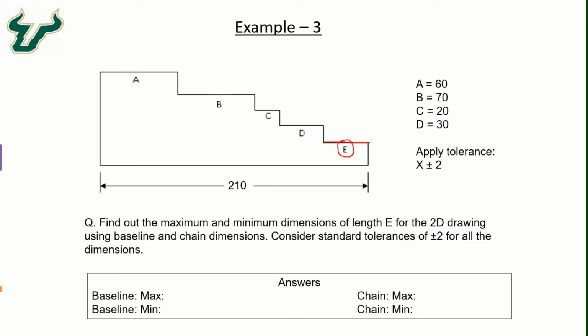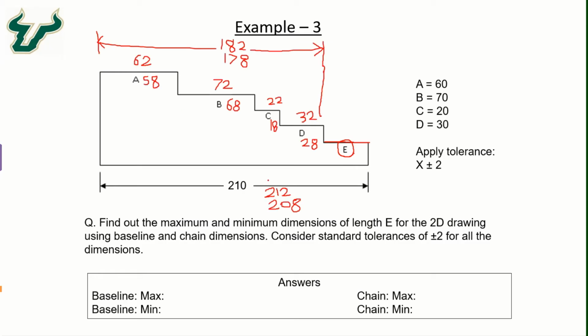So let's do these calculations. If we write down the maximum and minimum possible values for the individual dimensions based on the plus minus 2 tolerances, the resulting numbers we can easily calculate, and let's place them over these individual steps, and work it out first with the chain dimensions.